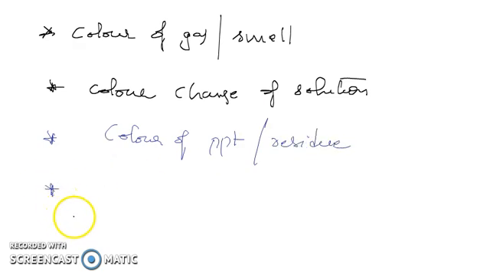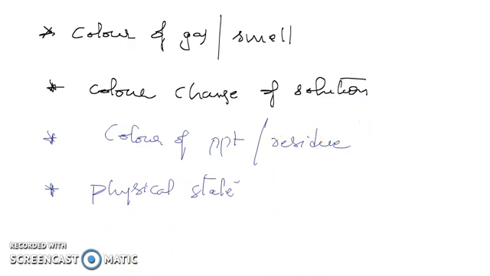Otherwise, it also could be about the change in physical state of your reactant mixture. Maybe it was a liquid and now it turned into solid, and if there is any color, you have to specify that as well, right? These are the points that you should have in your observation based questions.